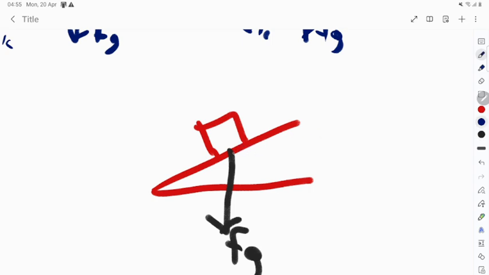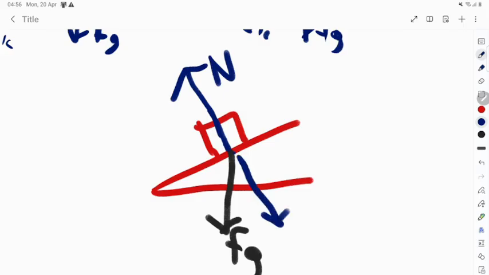On an incline your normal force is not equal to your gravity. Why? Because your normal force will be in this direction, perpendicular to the surface, and as you can see, your gravity is straight down. So instead you will have a component of gravity going this way. This component of gravity will be equal to your normal force, and this will be Fg perpendicular.